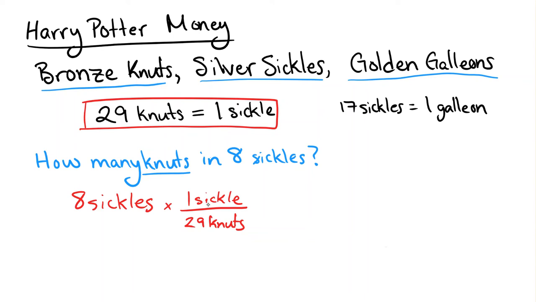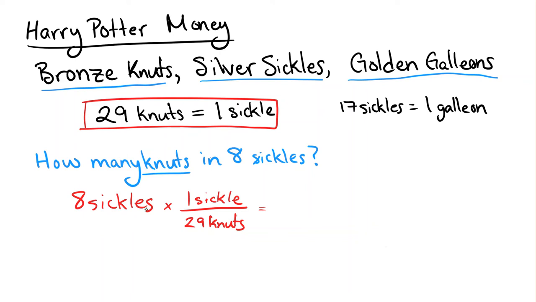So if we want to get rid of sickles and turn them into knuts, we want to put sickles in the bottom of the fraction. Here I've got sickles on the top. I don't want to go sickles times sickles, because, for those of us who are really mathy, that's going to give us sickles squared, and we don't want that. We want to write this fraction in whatever way allows the unit that we don't want anymore to be canceled out.